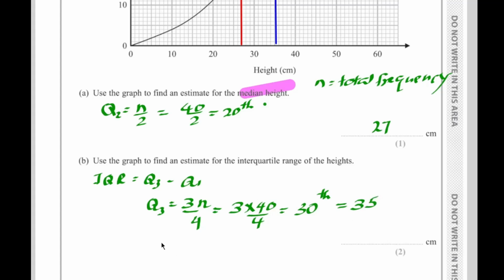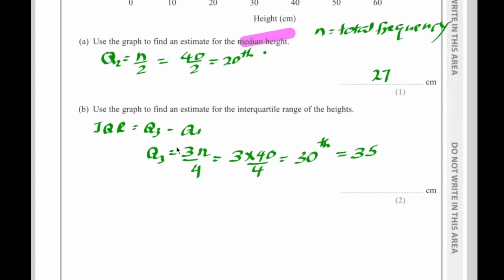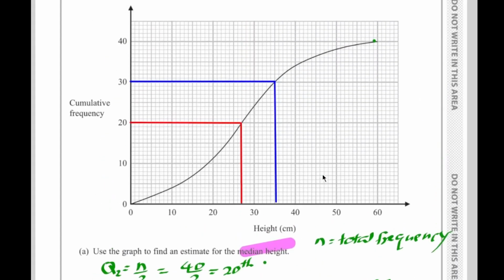Now let's get Q1, because IQR equals Q3 minus Q1. Q1 equals N over 4, which is 40 over 4, which is 10. Then you have to go to the 10th position and get the reading. So let's draw a line from 10 here and here.